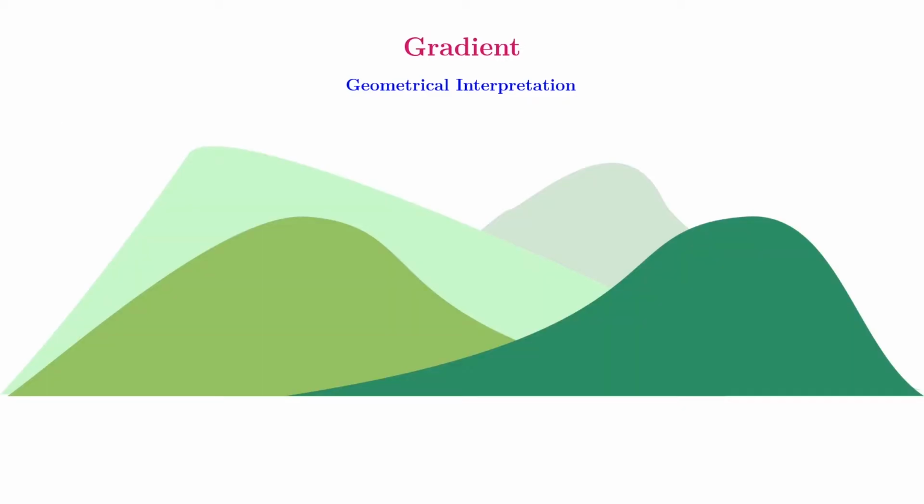To bring home this point, let us consider another example. Let us imagine that we are standing on a hillside. Let us take the scalar function as the height of the hill, which is a function of the latitude and longitude. Now let us look towards its steepest ascent.